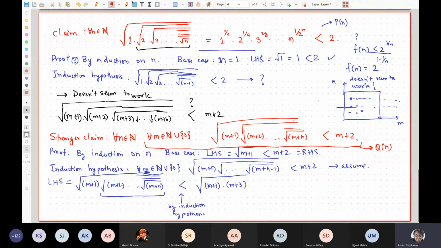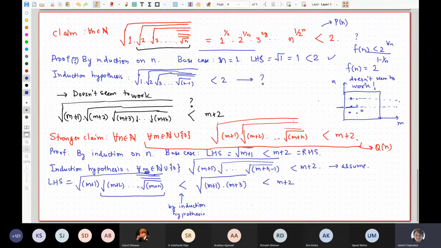Okay, so now it's an easy step. Why can we say that this is less than m plus 2? Because the inner product is less than m plus 2 whole square. Exactly, and that is by what inequality? AM-GM. Good. So actually, we don't even need to apply AM-GM.